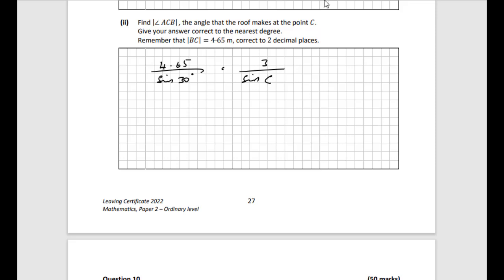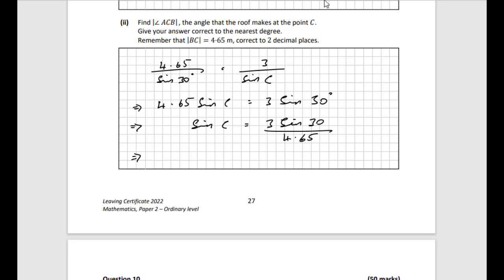Sine of the angle C. So next thing we've got to do here is just cross multiply. So you've got 4.65 times sine C is equal to 3 times sine 30. So that will give me sine of C is equal to 3 sine 30 divided by 4.65.